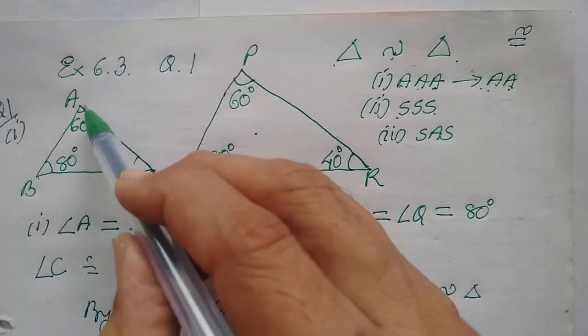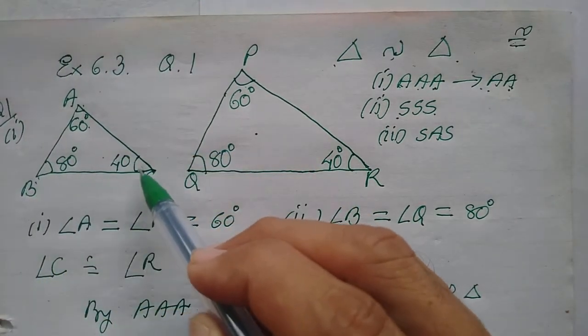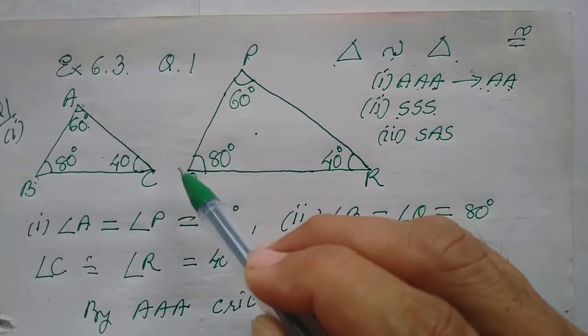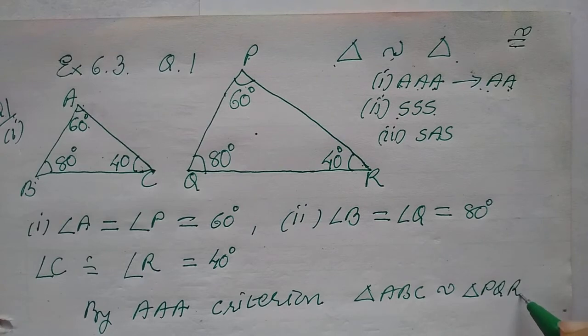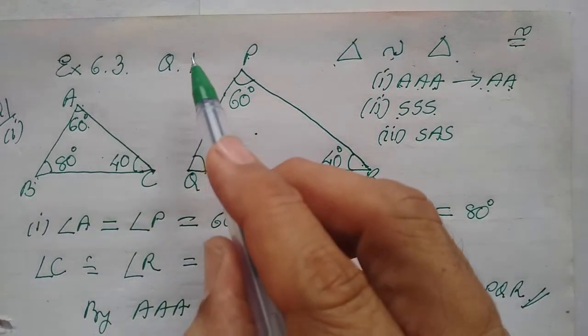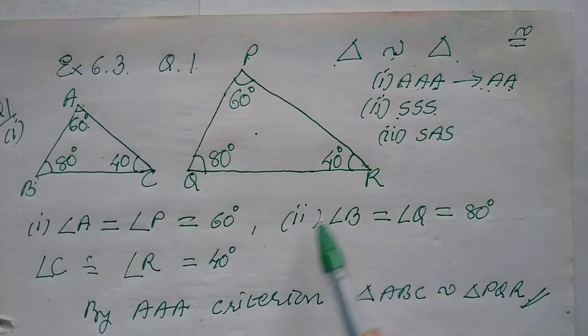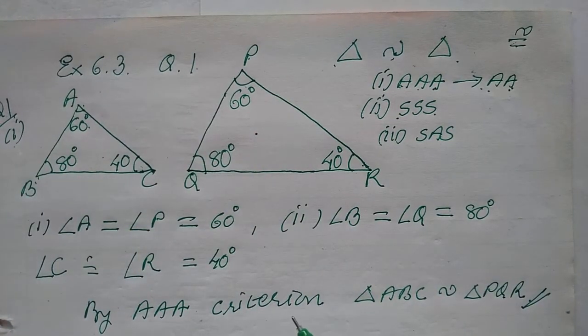Now children, A to B to C, so here also P to Q to R. Triangle ABC similar to triangle PQR. Okay, the first sum, question first, I explained to you. Now let us proceed to the second sum.